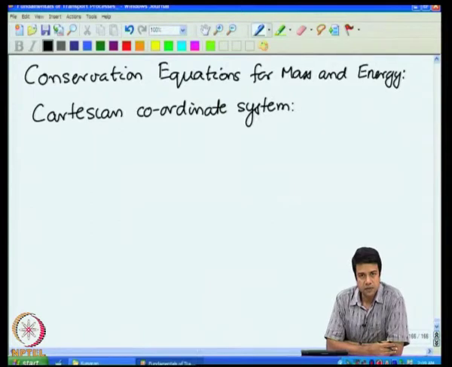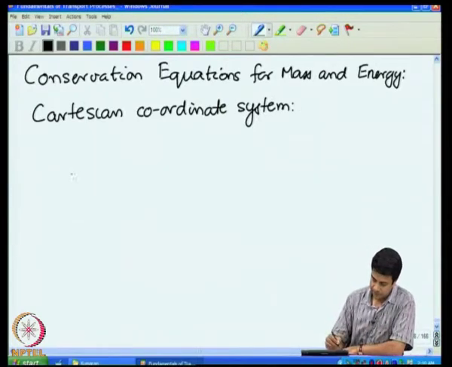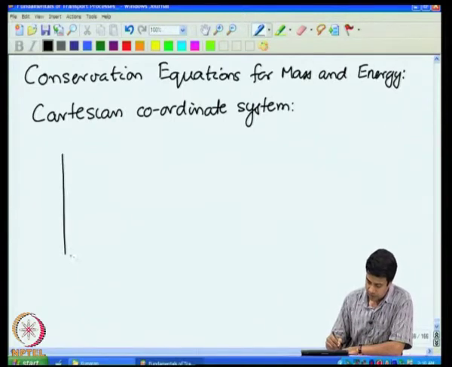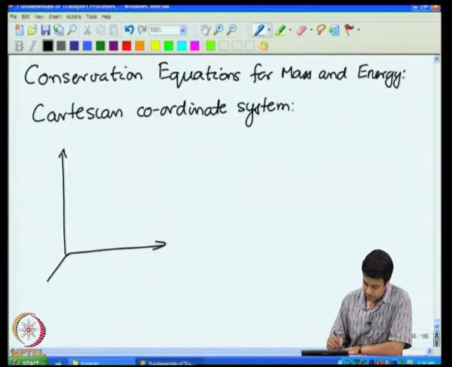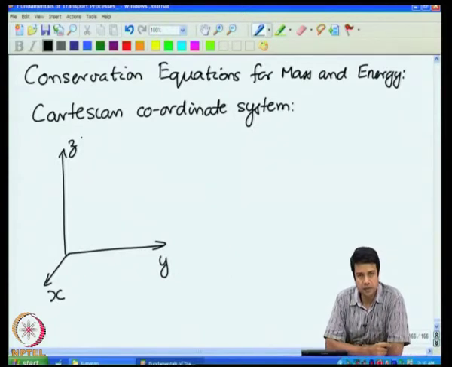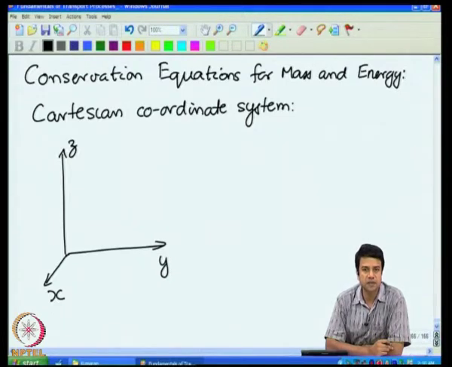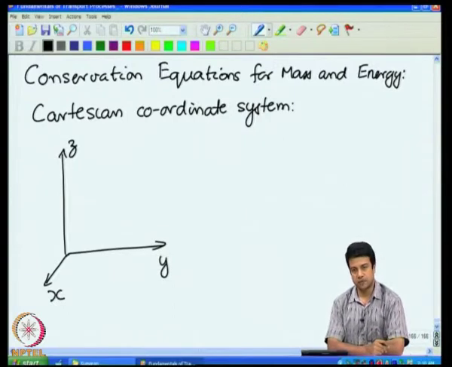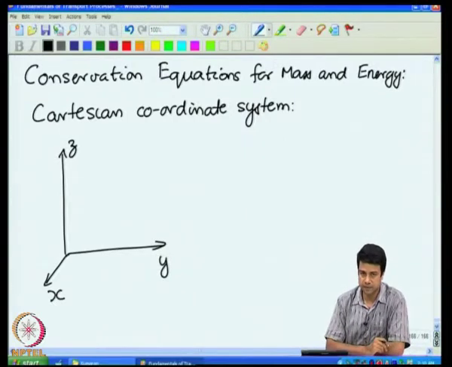So, first let us look at a concentration diffusion equation. Okay. So, I have a Cartesian coordinate system. And I will not really worry about what problem this conservation equation is being applied to. I will just derive the conservation equation for a differential volume in the Cartesian coordinate system.